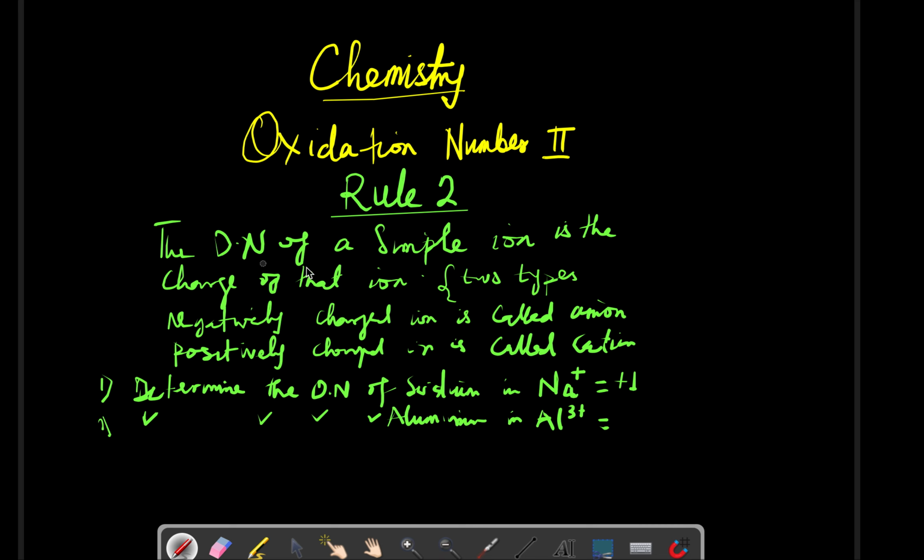Remember this rule: the oxidation number of a simple ion is the charge of that ion. So it will be correct. Plus 3 is the correct answer. Remember, you write the 3 before the plus sign, following the pattern.